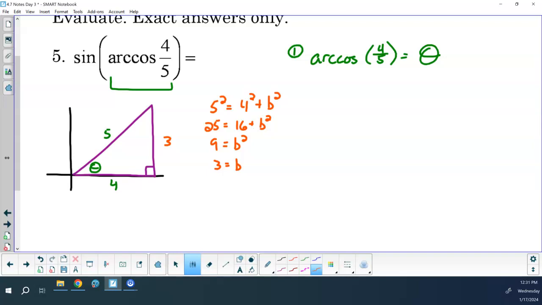Okay? So now you're going to take the sine of that theta. Well, here's my theta now. What's the sine of theta? 3 over 5.